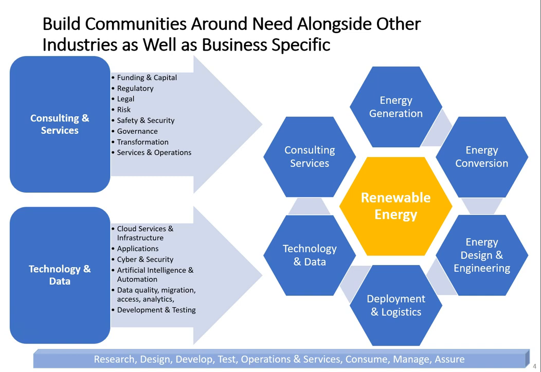The need for data, especially in quality, access, agreements, field matching, security, permissions, and aggregated products, is a key part of the opportunities emerging, like automation, artificial intelligence, and analytics. The roles of research, design, develop, test, operations and services, management, assurance, and consumption contribute to the overall growth and returns.